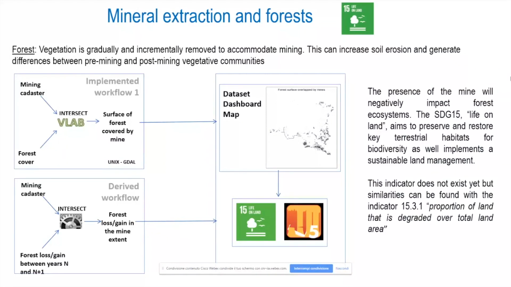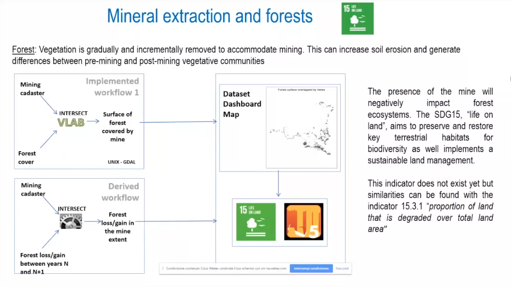So the workflow aims to operationalize the calculation of a variable that can monitor the influence of the mine installation on the forest area, and the area that we targeted was the Democratic Republic of Congo. And the workflow is implemented based on geospatial data on the forest cover and the surface occupied by the mining site, expressed as mining concession.